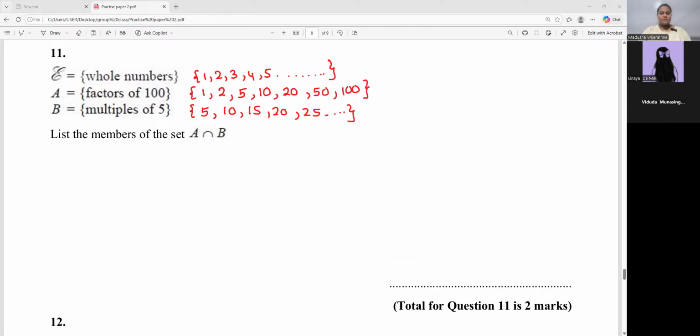List out the members of A intersection B. A intersection B means common elements in A and B. So multiples of 5 and factors of 100. Multiples of 5: 5 is there, 10, 20, 25 also coming as a factor here.